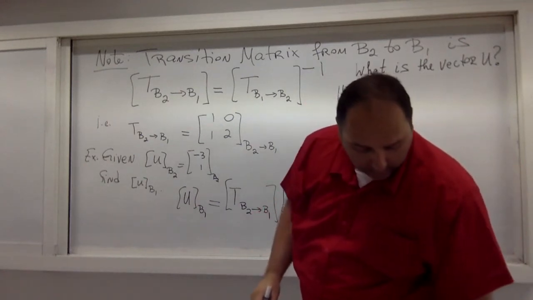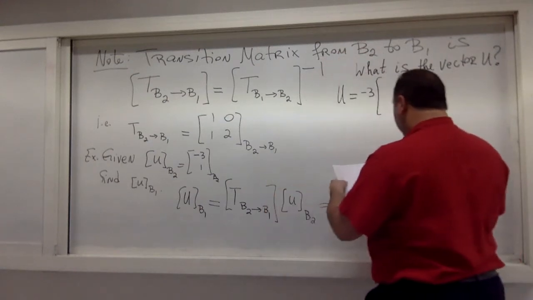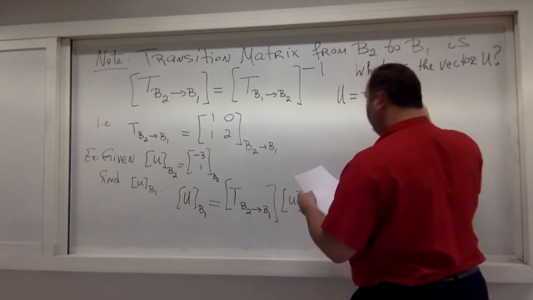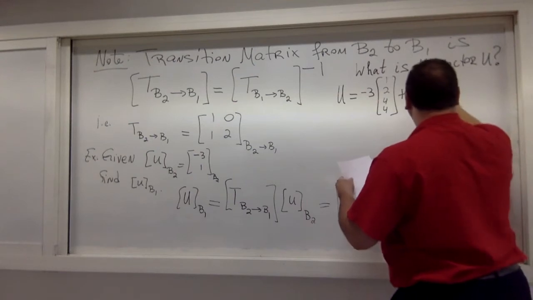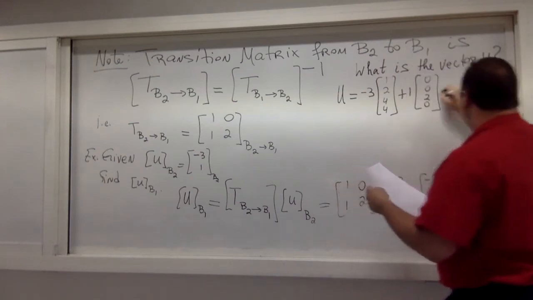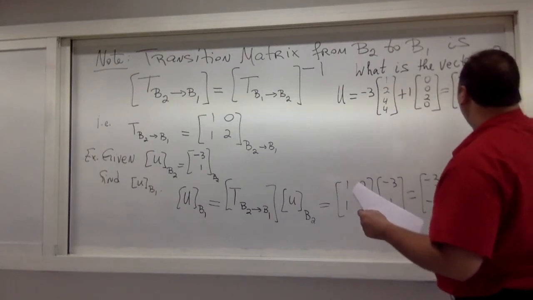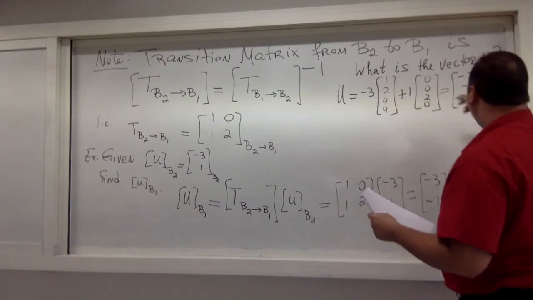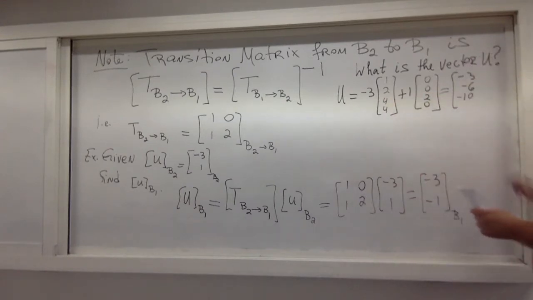Where is B1? No, B2. It's expressed in B2. So B2 was [1, 2, 4, 4], and it's plus 1 times the second vector of B2, which is [0, 0, 2, 0]. So we compute this, and we get -3, then we get -6, then we get -12 plus 2 is -10, then we get -12.